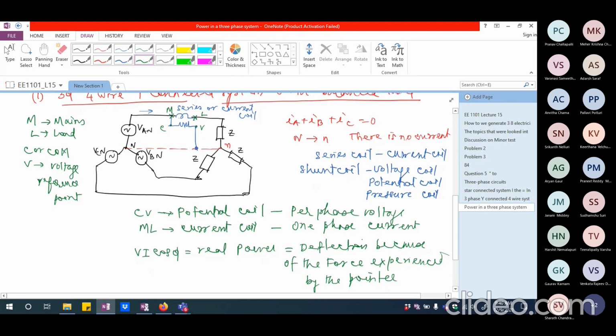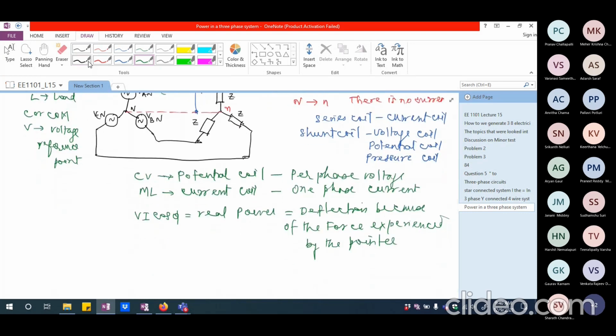That is the reason why you are going to see that ultimately the pointer rests at a particular position. So the pointer will always indicate the average power.